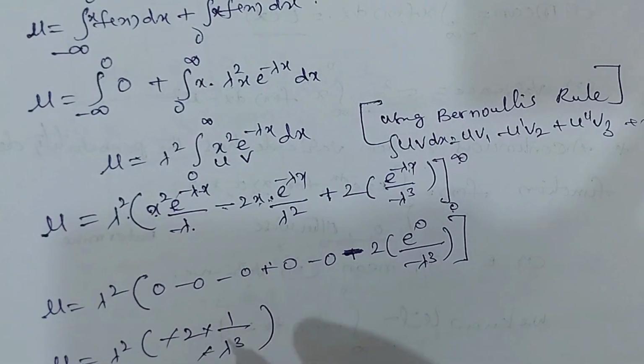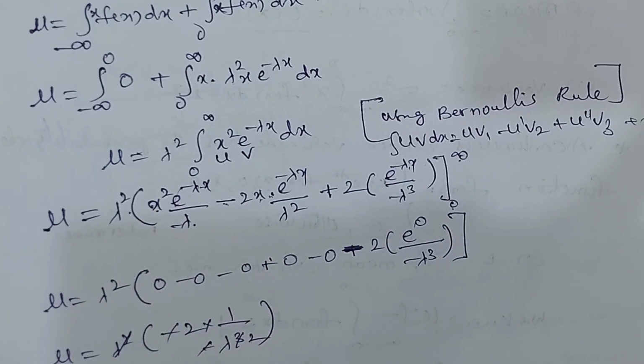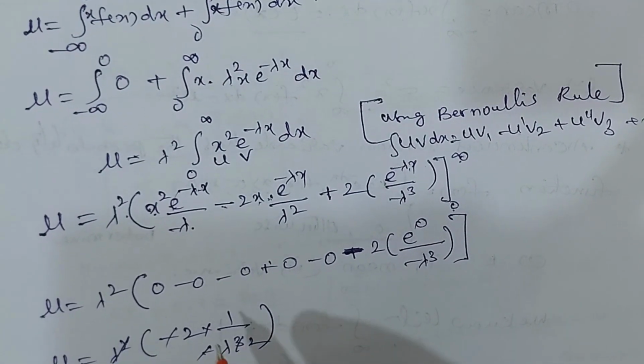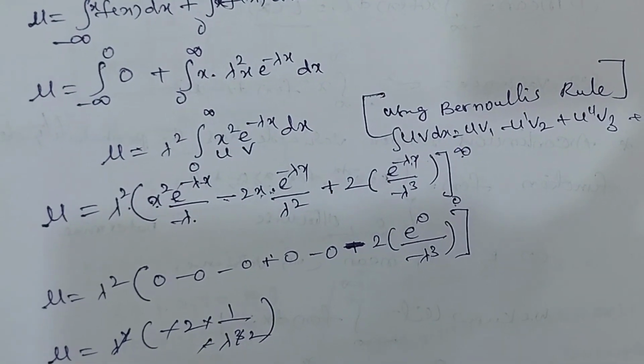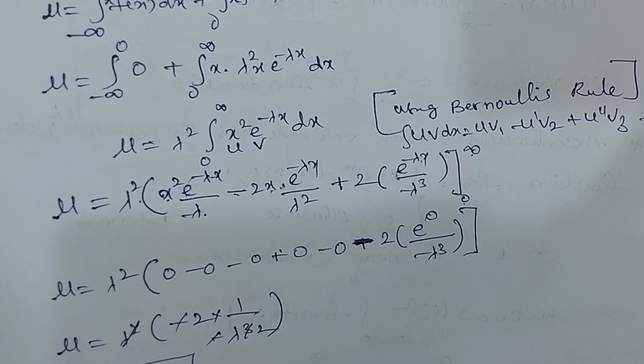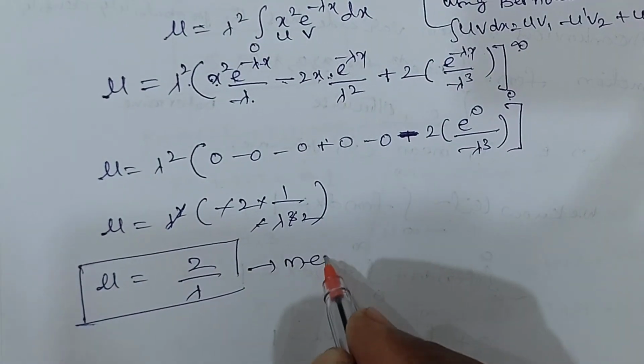Next, lambda square and 2 lambdas cancel, therefore the remaining value is 2 by lambda. It is the mu value. Mu is equal to 2 by lambda, it is the mean.